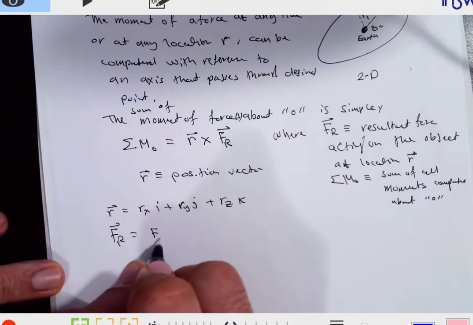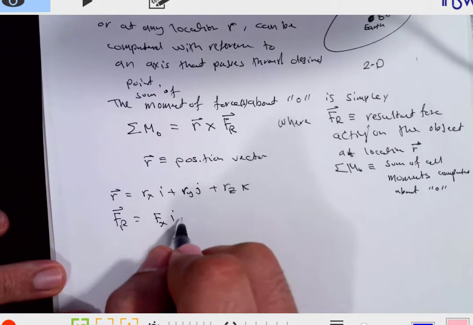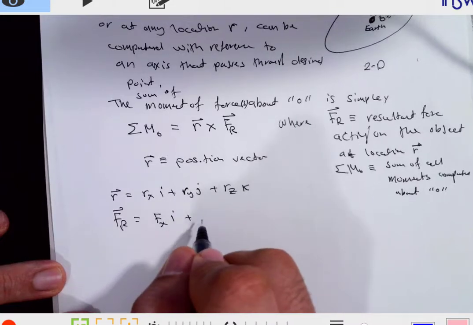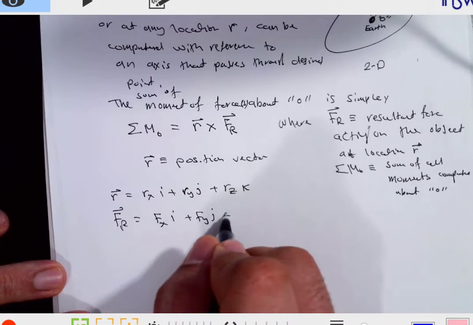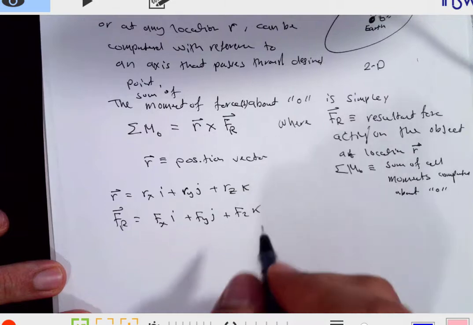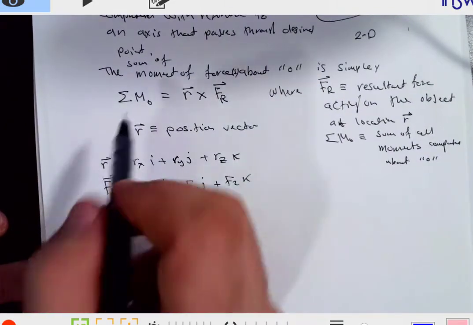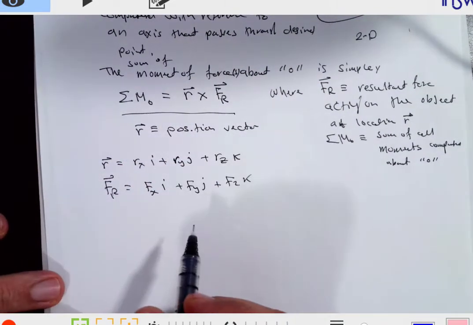I can break it down into its components, Fx i, if you remember from statics, Fy j, and Fz k, right? So we know that.